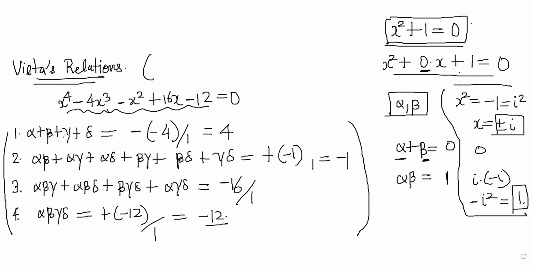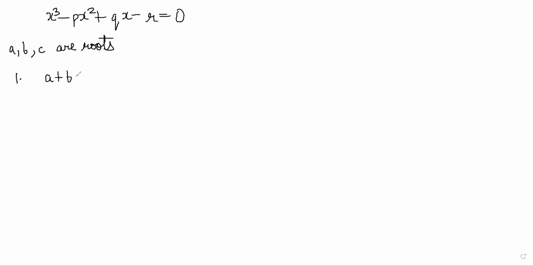Okay. So given any equation, now look at the equation that is given to us, right? x cube minus p x square plus q x minus r is equal to 0. And what is given? a, b, c are roots, right? So let's write what we know first. a plus b plus c will be, it starts off with a minus sign, minus of minus p by 1, right?